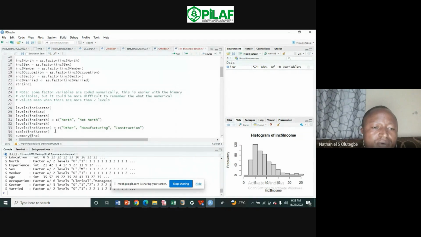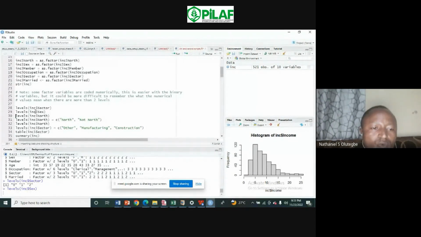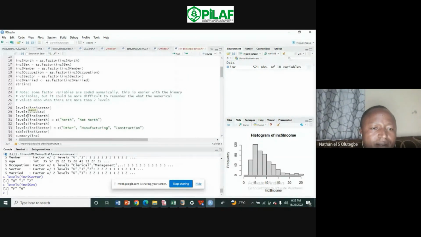So for sector, it's important to define what each value represents, and that's what we have done here. When you use the levels command, it gives you the levels of each variable. For example, sector has 3 levels, sex has 2 levels, male and female, and so you may not bother defining any further.